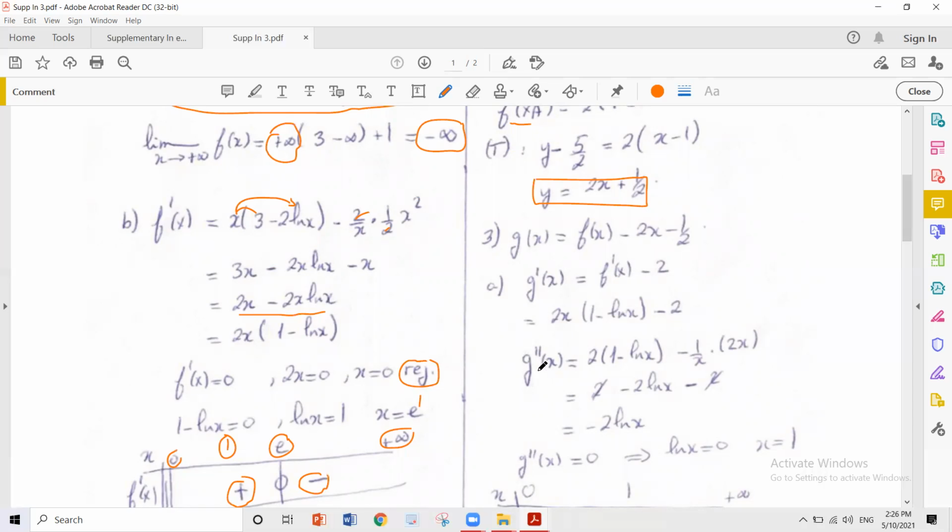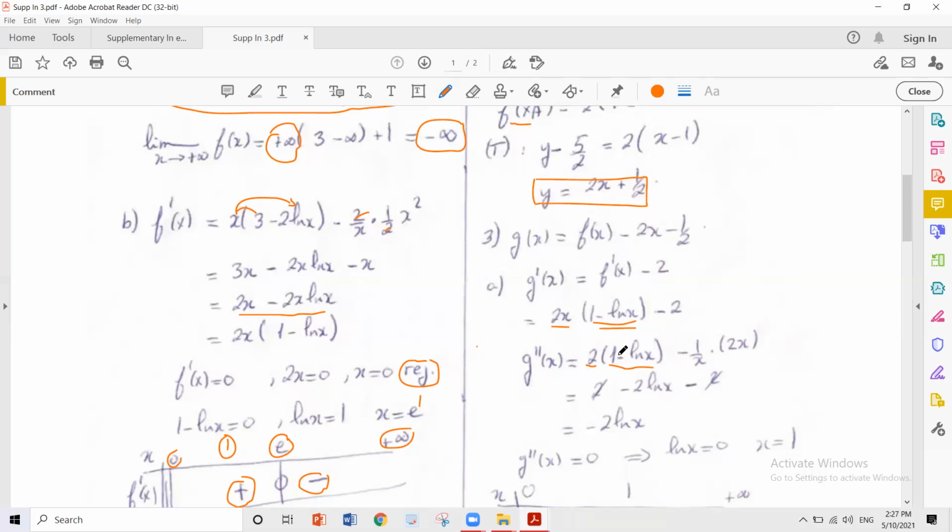Second derivative g double prime of x equal u dot v. This one is u dot v. u prime is 2 times v, which is 1 minus ln x, plus v prime, which is minus 1 over x, times 2x.